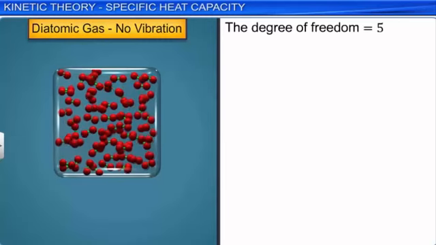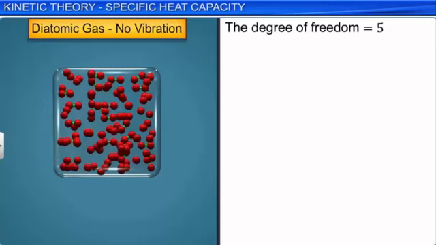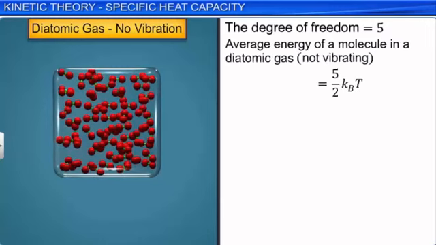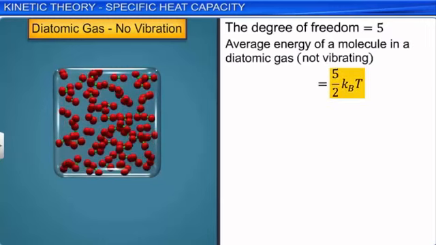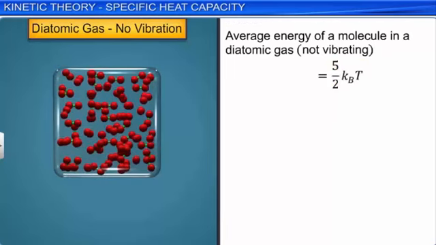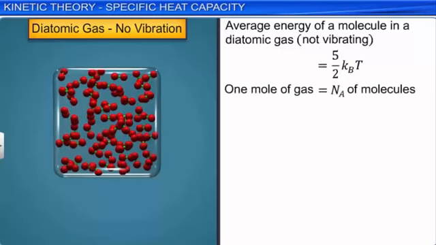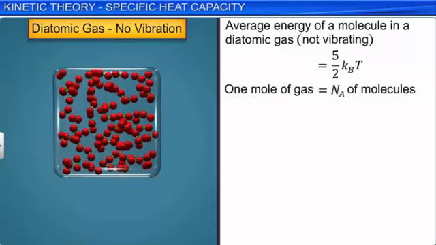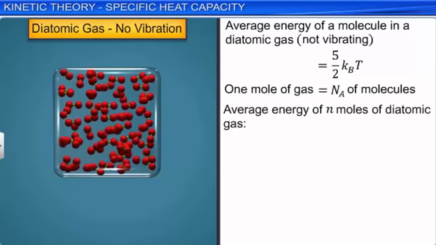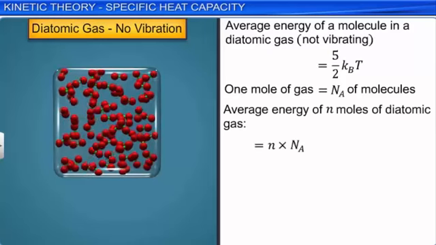According to the law of equipartition of energy, the average energy of a molecule is 5/2 kBT. Since 1 mole of gas contains Avogadro's number of molecules, the average energy of n moles of a diatomic gas is equal to n times NA times 5/2 kBT.